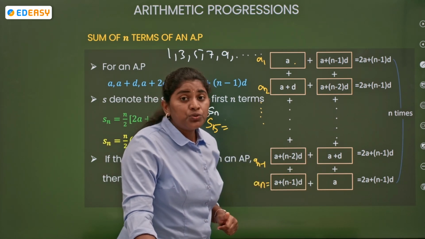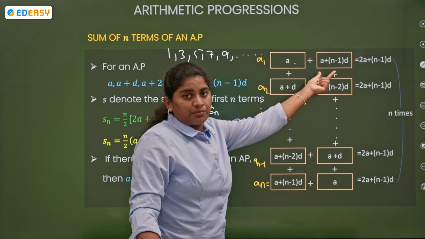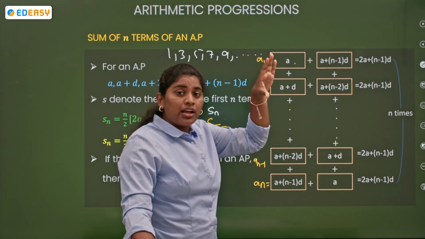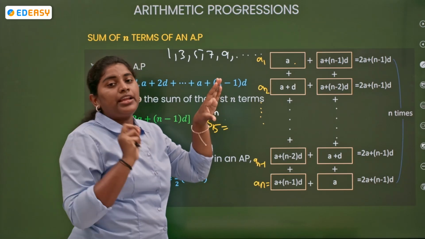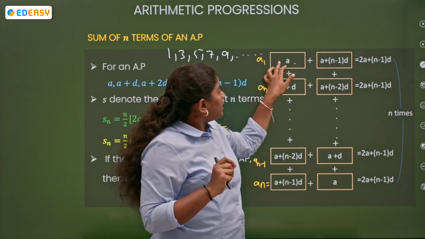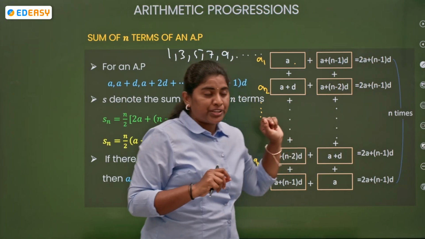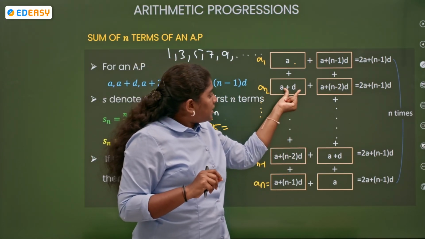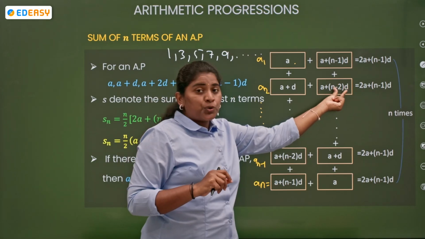Now what will we do? Just add the first term and the last term, that is, the first term of the first AP and the first term of the reverse AP. So a plus a is 2a, giving 2a plus of n minus 1 into d. Next, a plus d plus a plus of n minus 2 into d.